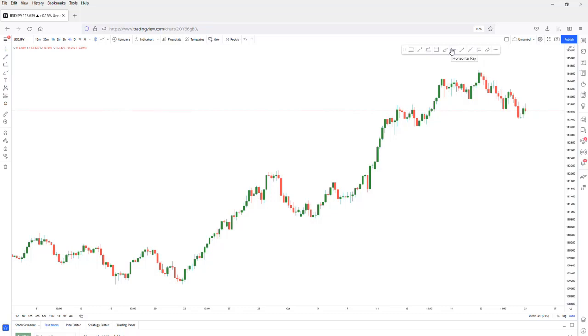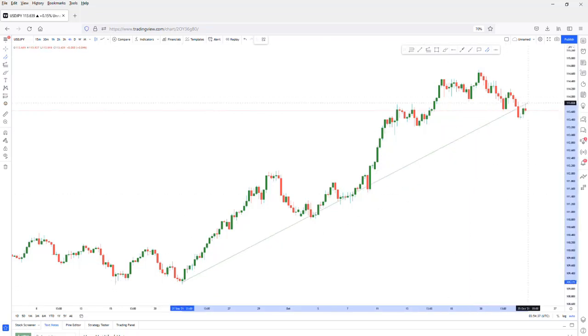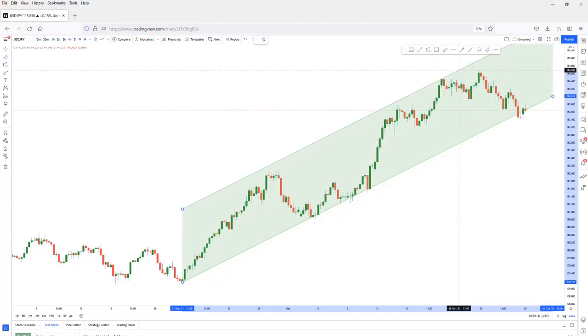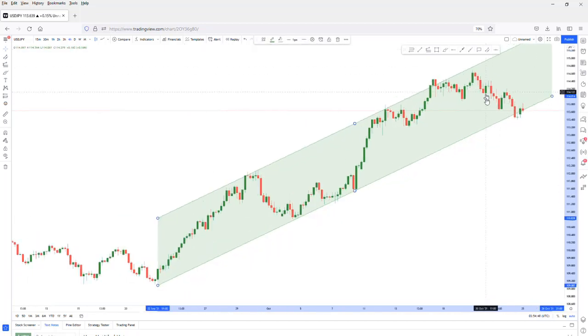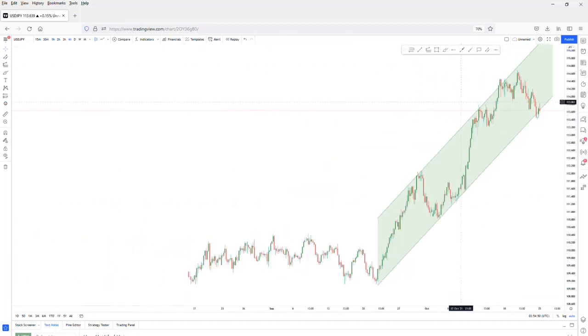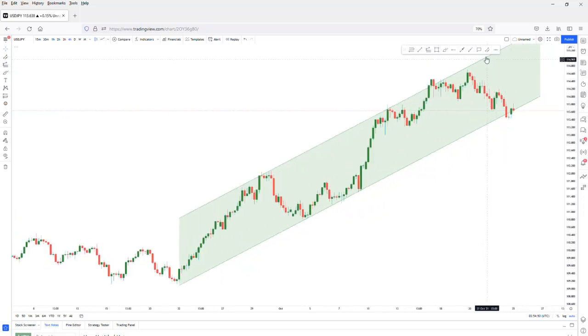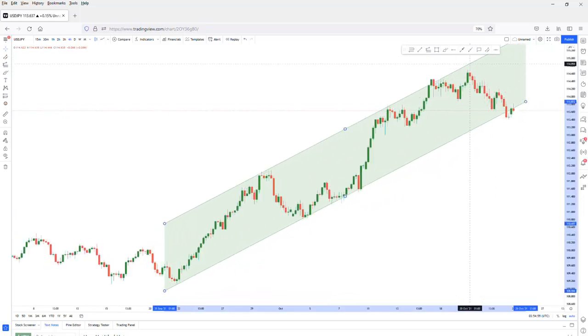So first, I hope that you can see that there's a descending channel right here. I'm not going to draw it very nicely, but as you all know, for a descending channel you need 2 points at the top and 2 points at the bottom. So at least I'll try to make it such. Give me a second. Okay.